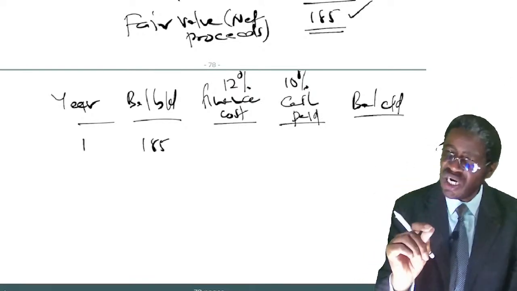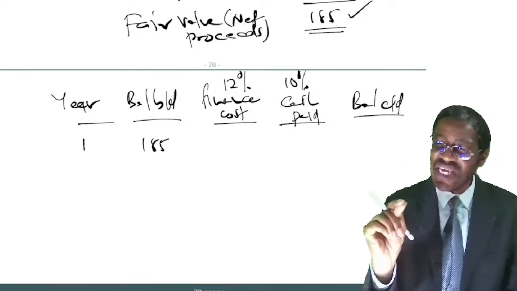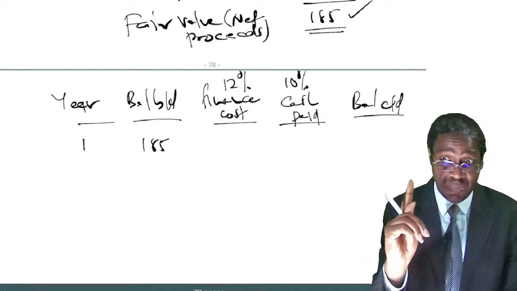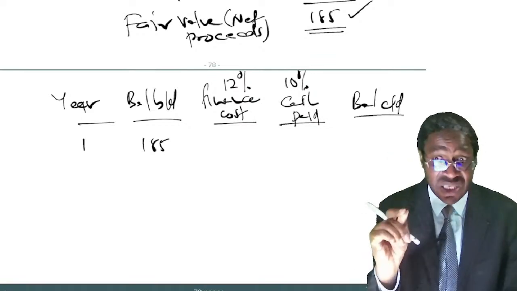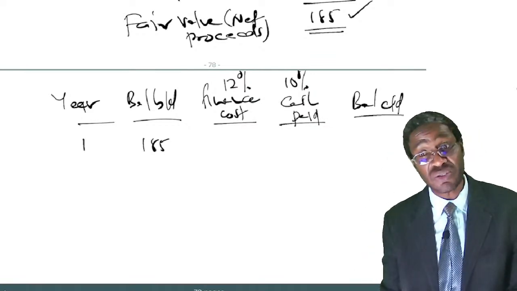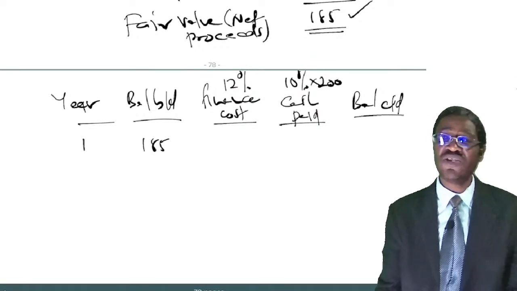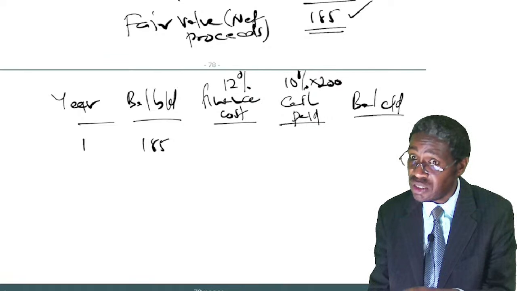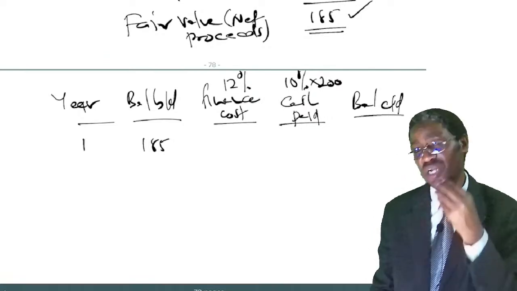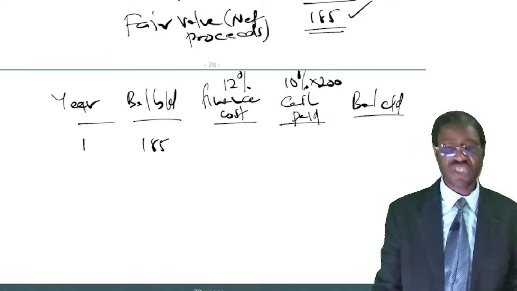So every year you will be servicing the interest, not the principal, by 20 million. When computing the cash paid, you use the coupon rate on the nominal value. Good. So let's continue now.